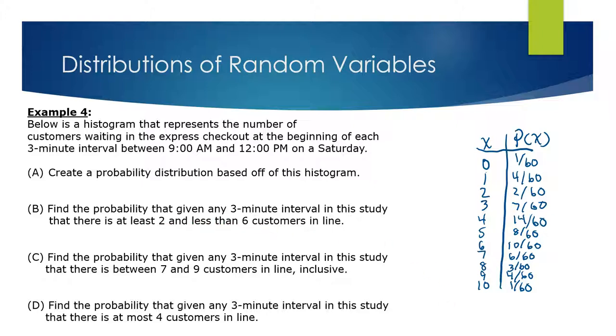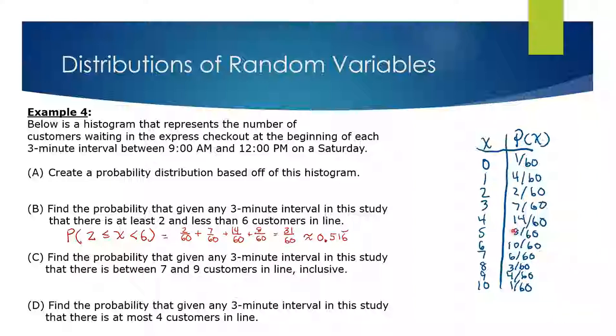And so what that translates into is that X is between 2 and 6. It includes 2, because at least 2 means 2 or more, but less than 6 means I have to be under 6. I could also have said I'm looking for the number of intervals that had 2, 3, 4, or 5 people in line. There are different ways to reword it as well.